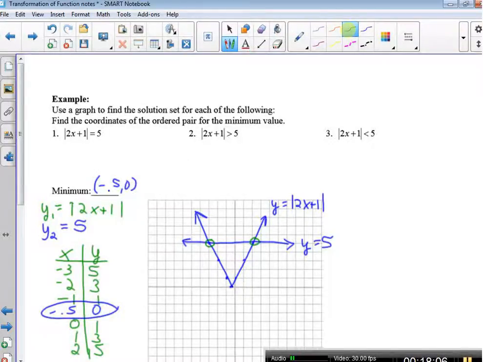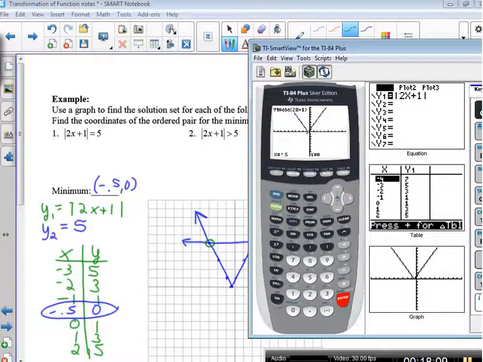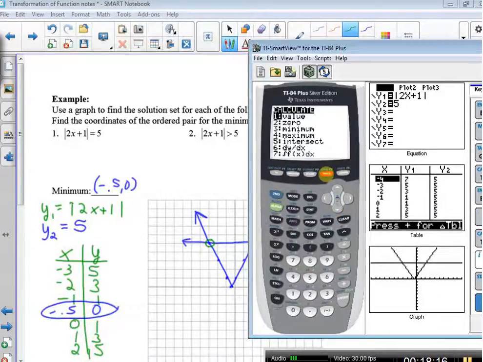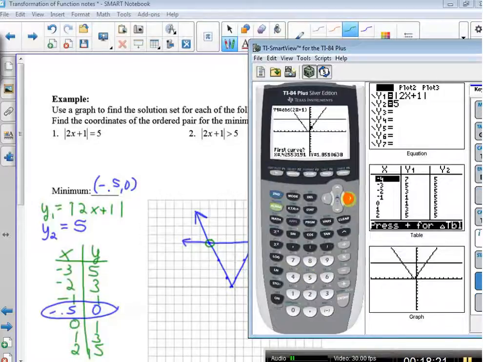But just to review that, let's go back to the calculator real quick. And let's type in y2 equals 5. And do second trace intersection, choice 5. Just move the cursor close to one of the intersections and hit enter, enter, enter. Intersection 2, 5. Then do it again, second trace intersection. Now, I don't really want to go down the graph, so I'm going to hit the down arrow, and that's going to jump onto the y equals 5.